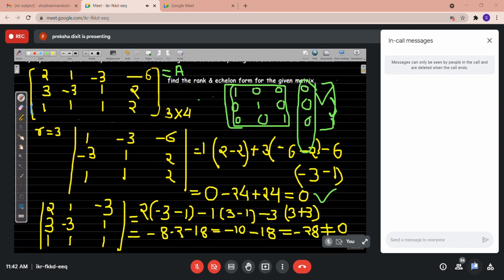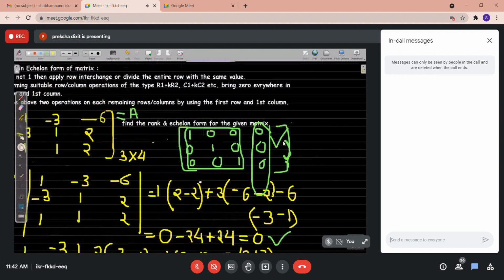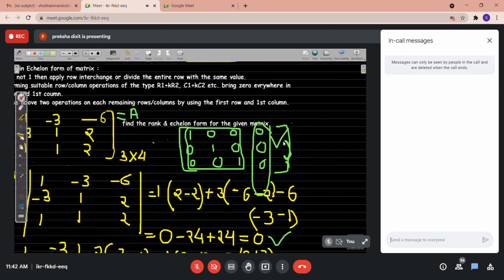In case we don't know the value of rank here, we are just assuming and writing the echelon form of it. For example, suppose I don't get the value of rank as 3, but I get the value of rank as 2. Suppose I get r is equal to 2 for this given matrix of order 3 cross 4. Then how its echelon form is going to look, that also we will see.